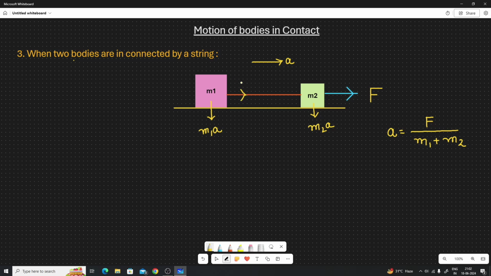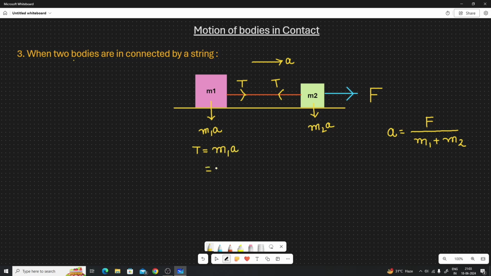If this is the tension T, then this tension will be equal to m1 into a. There will also be an opposite reaction force that m1 will create on m2, which is also equal to T.